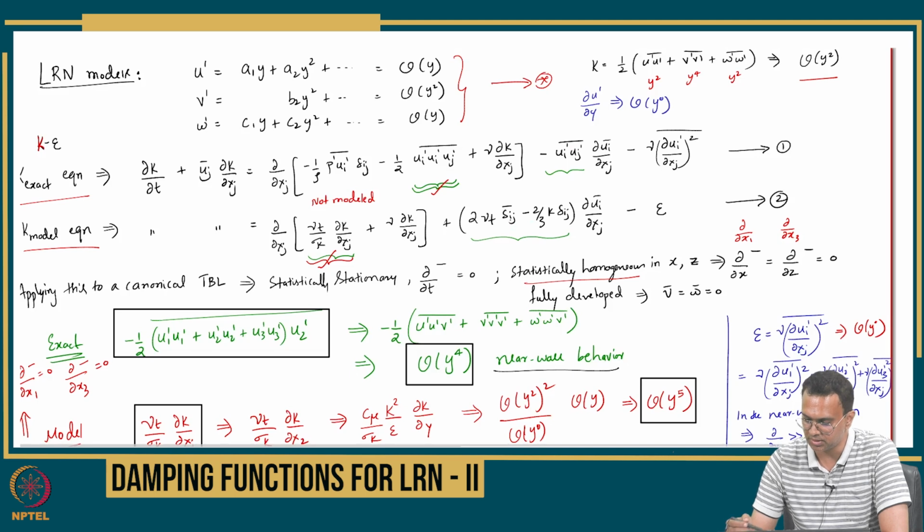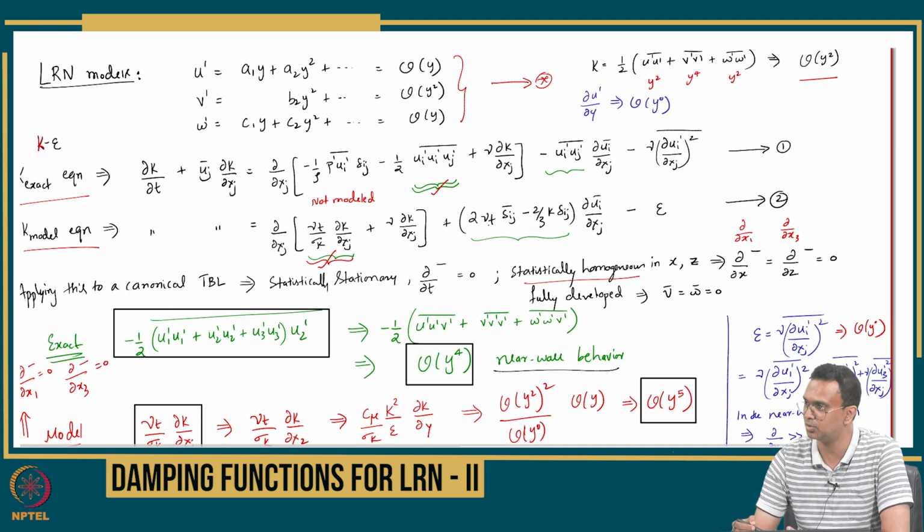So we must see whether these two have the same behavior or different behavior, and whether it requires nu T LRN. To our luck, nu T is appearing here. So if the behavior is different, the same nu T LRN will work. I don't need to do anything, simply replacing nu T by nu T LRN will work also for this.